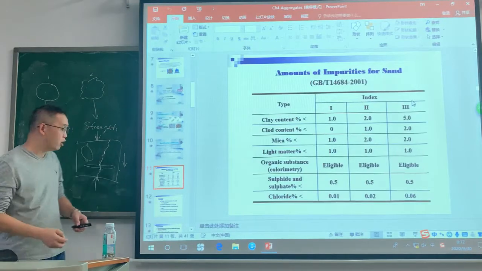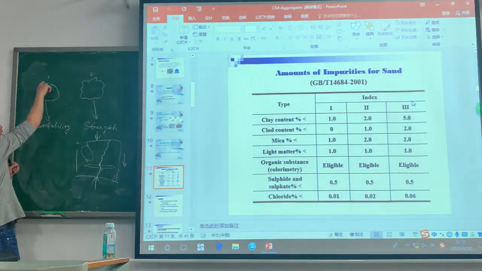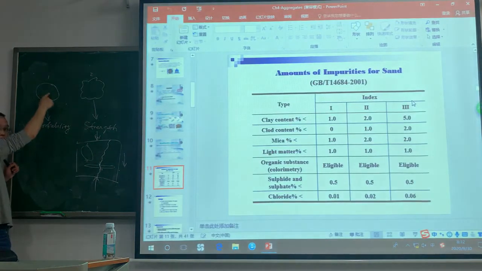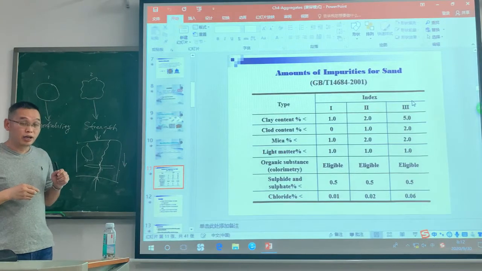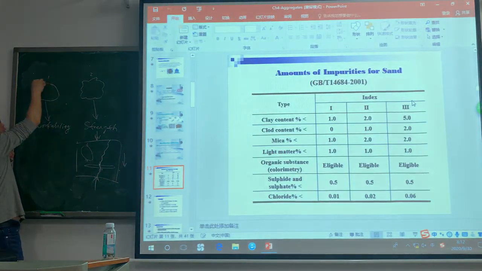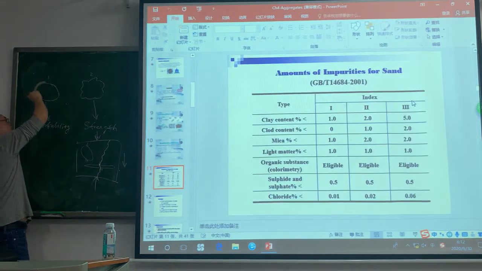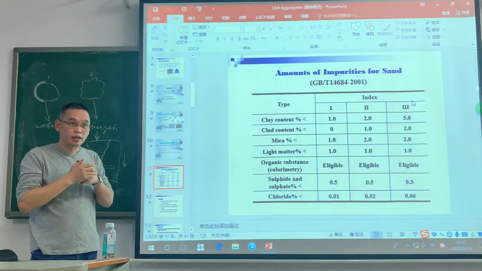Because I also explained last time, if the aggregate is very clean, then the cement paste can contact the surface of the aggregate tightly, bond tightly.